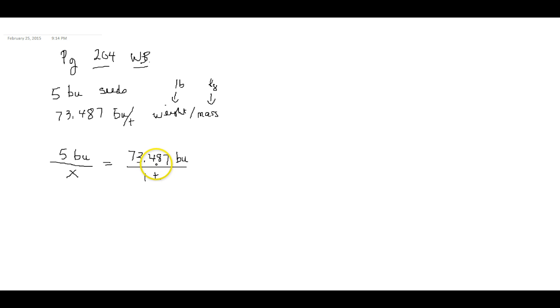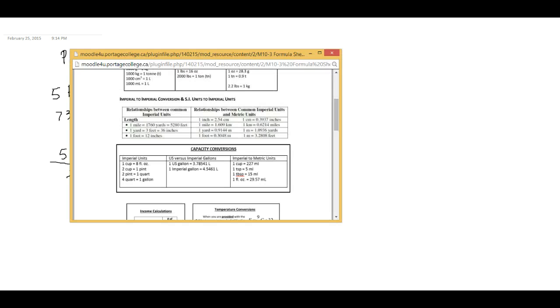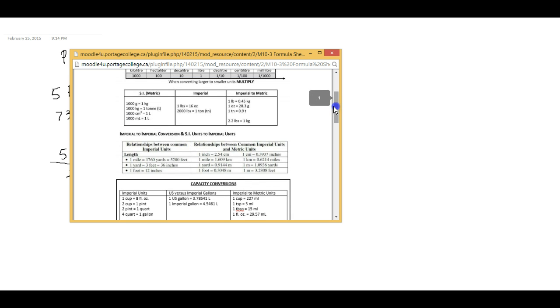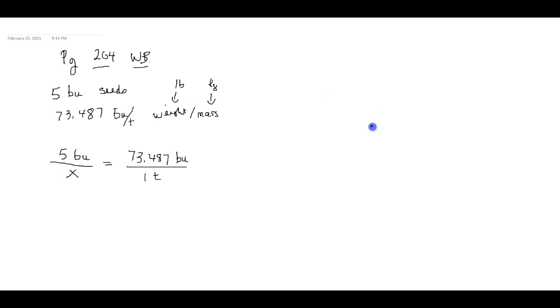If we go and look at our formula sheet, we can see right up here that 1 ton is 1,000 kilograms. So I can replace that 1 ton by 1,000 kilograms. So I have 5 bushels divided by x is equal to 73.487 bushels for 1,000 kilograms.